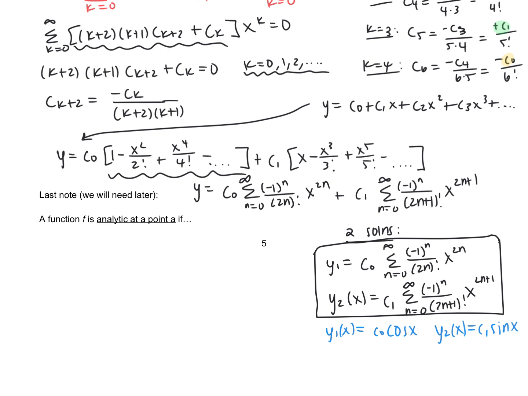Okay, and then lastly, we just have this quick note that we need to write down. We don't need this now, but we're going to need this in the next section. So a function f is analytic at a point a if it can be represented by a power series in x minus a with a positive radius of convergence.